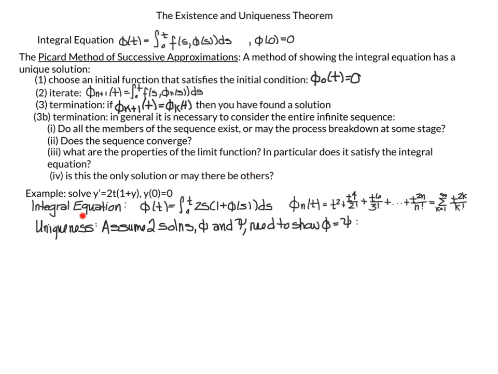And the only thing I will say at this time is that in mathematics, the way you generally try to show that there's a unique solution is you assume there are two solutions, and we are going to call them phi and psi. And then what you need to show in order to prove that the solution's unique is that phi is equal to psi.